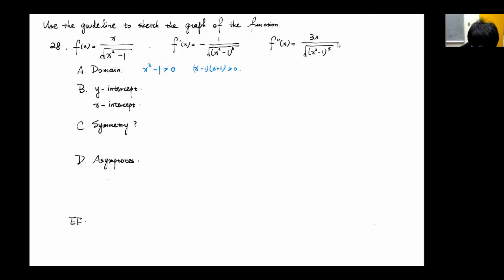So if you look at the graph over here, minus 1 and positive 1 will separate the real line into 3 parts. If you look at each factor, we see that x minus 1 is positive on the right of 1 and negative to the left of 1. And x plus 1 is negative to the left of minus 1 and positive to the right.